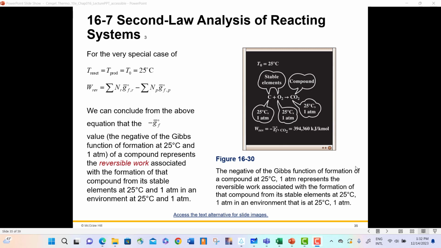So it's saying that for this case, we can conclude that the negative of the Gibbs function of formation of a compound represents the reversible work associated with the formation of the compound from its stable elements. So not too super applicable here, but another very special case.